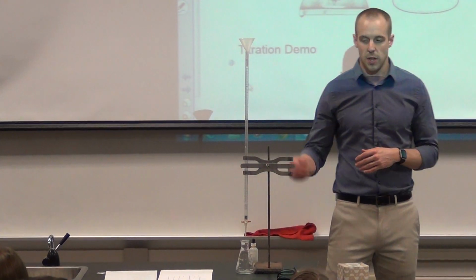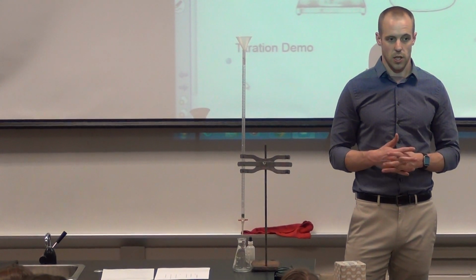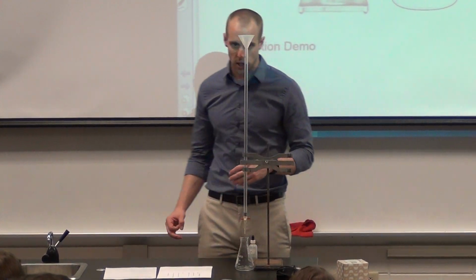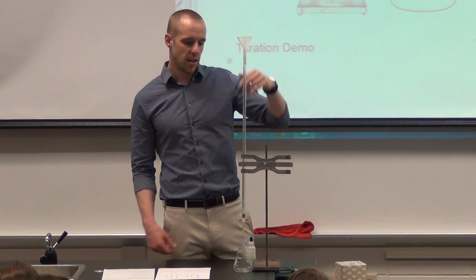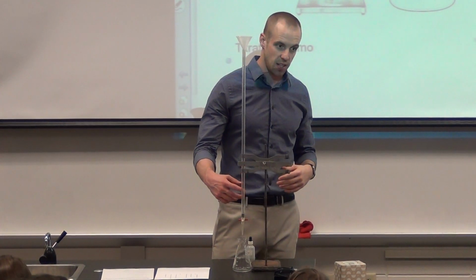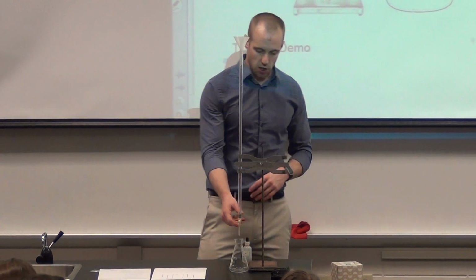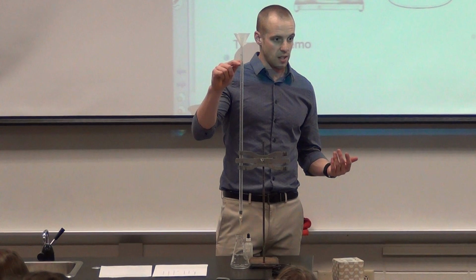We don't want there to be any water left in here because that water is going to change the concentration of the sodium hydroxide solution. Okay, after you add the sodium hydroxide solution, you'll add it up a little bit past the 0 mark. You'll tap it to make sure there's no air bubbles in there. Then you'll run this down to about the 0 mark if you want to start at 0.